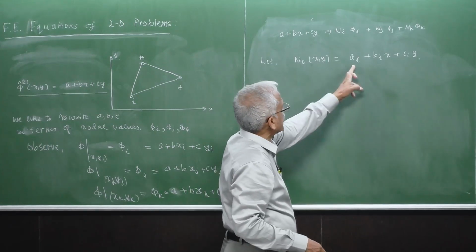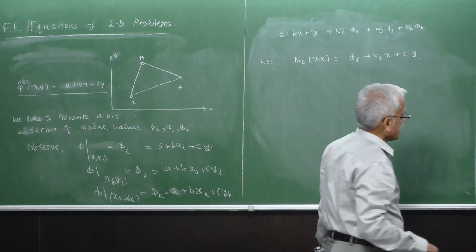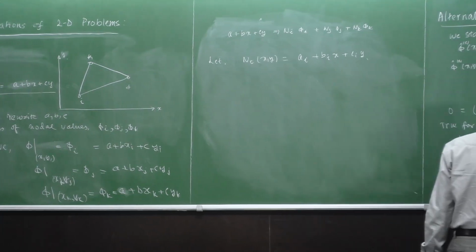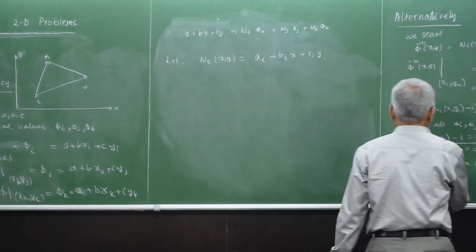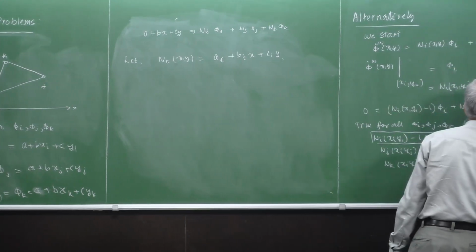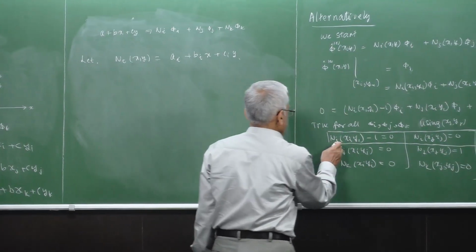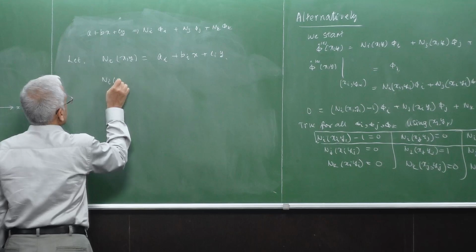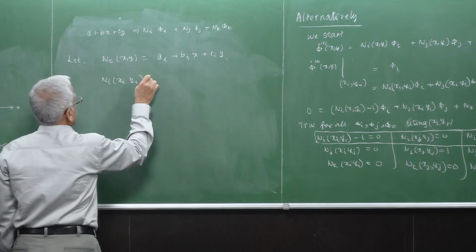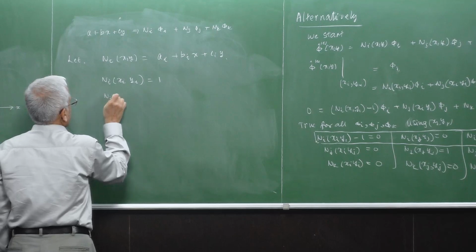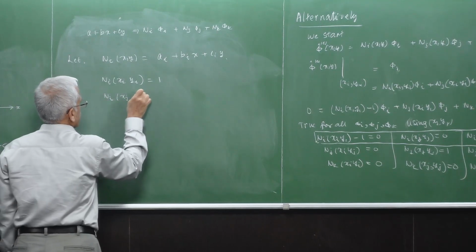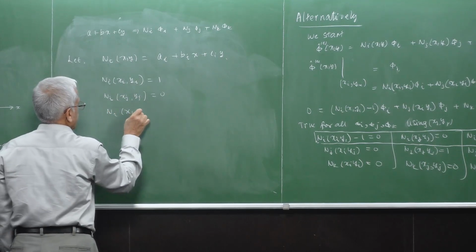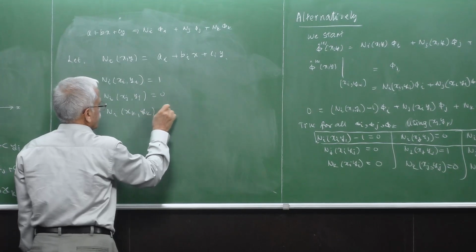There are three coefficients here, and if you look at the conditions on ni, the first row says that ni at xi, yi is 1, ni at xj, yj is 0, and ni at xk, yk is 0, right?